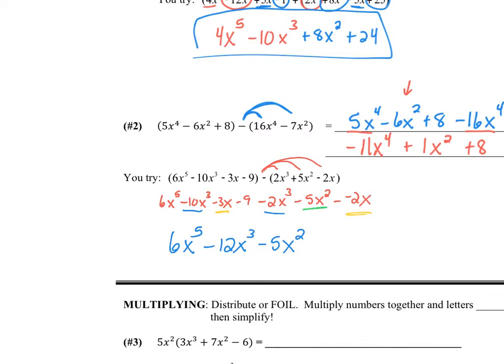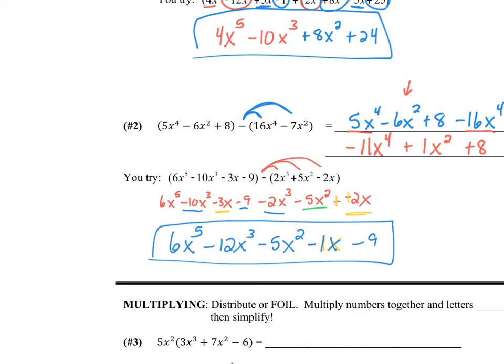We have a negative 3 minus negative 2, which is really plus positive 2. So negative 3 plus 2 is negative 1x. And then we also have a minus 9, so minus 9 goes at the end. So really what we're doing is distribute the minus symbol and then combine like terms.